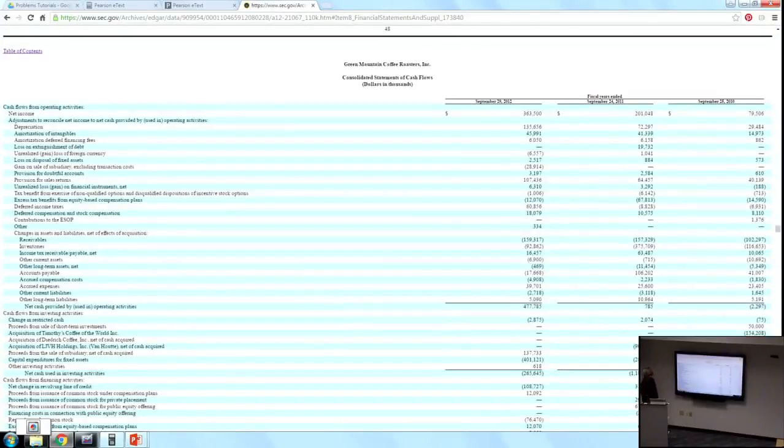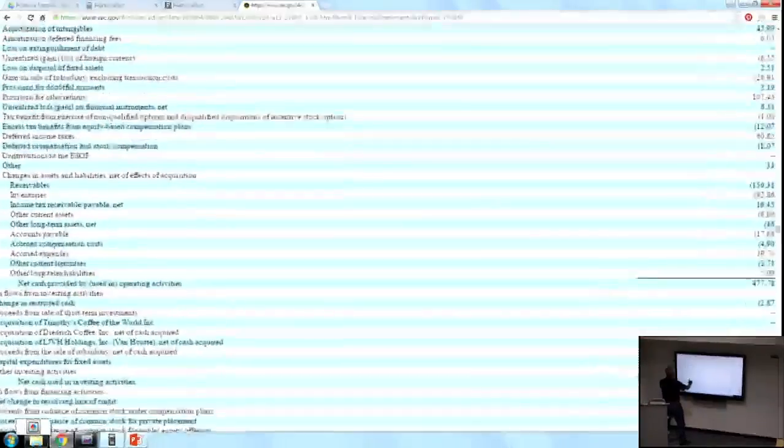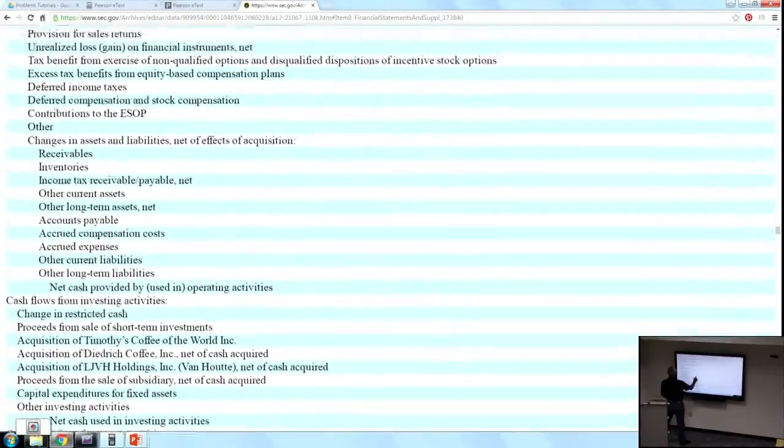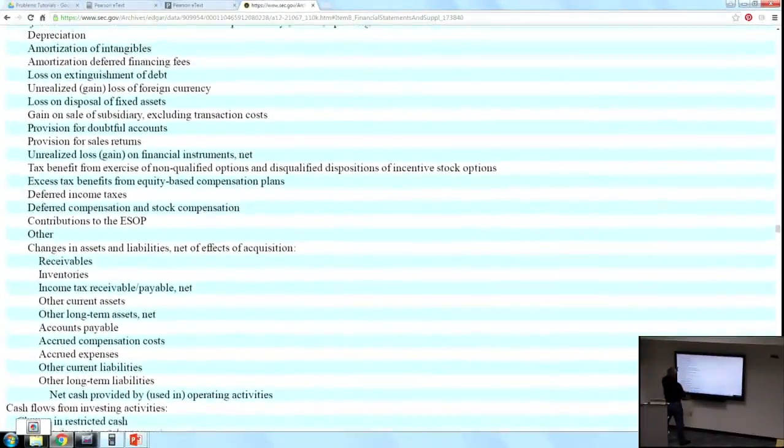Okay. So in 2012, net cash from operating activities, you can see how it is calculated. These are the items that go into it.